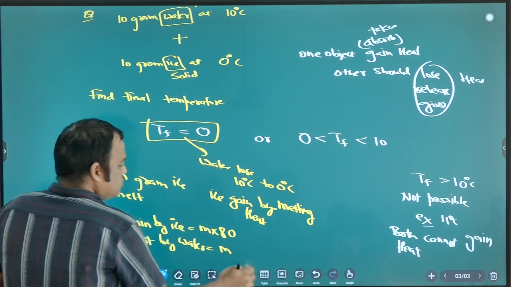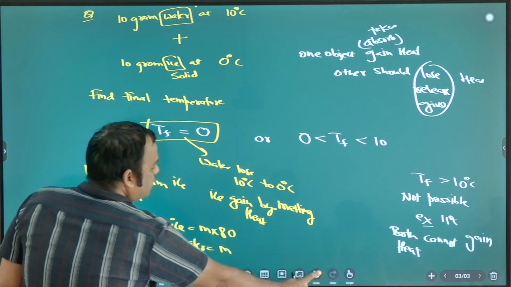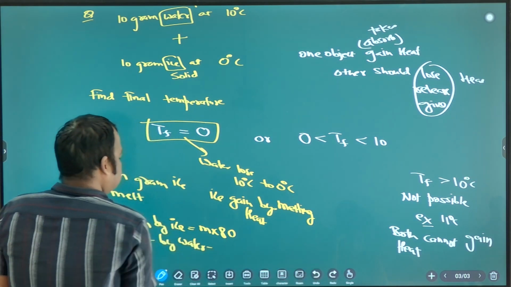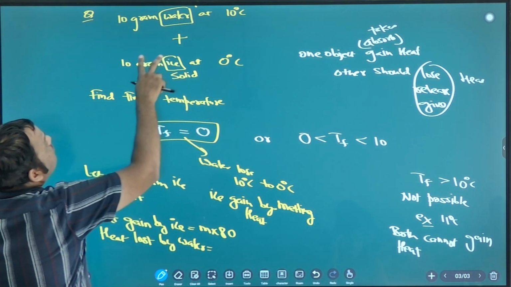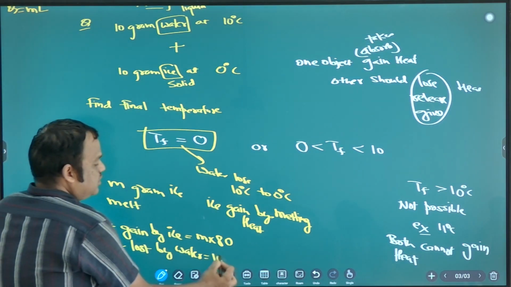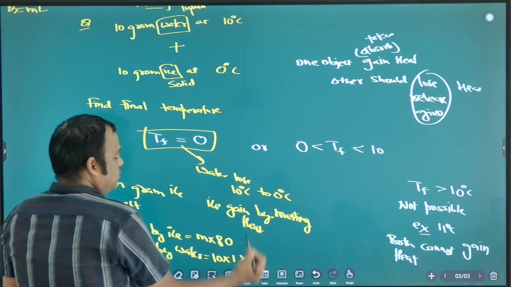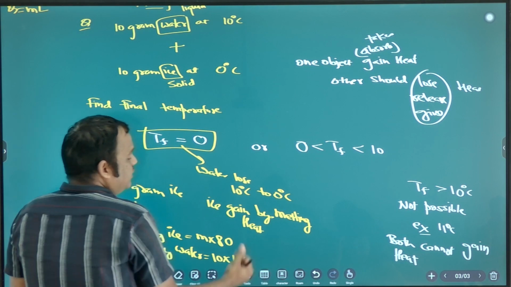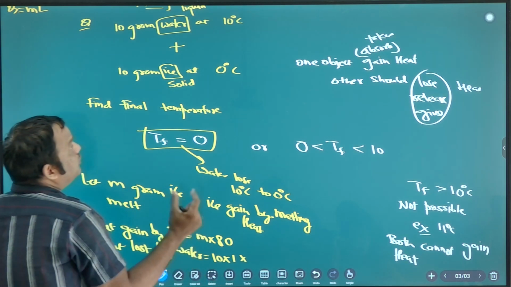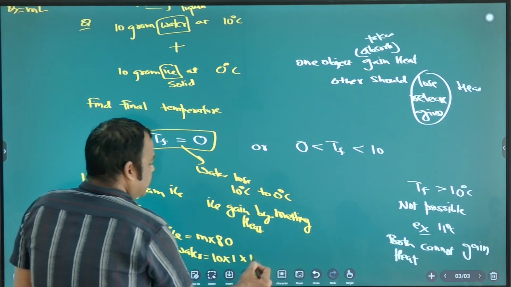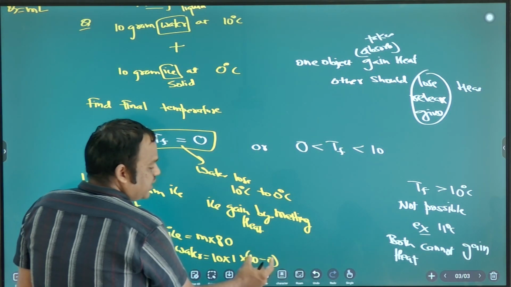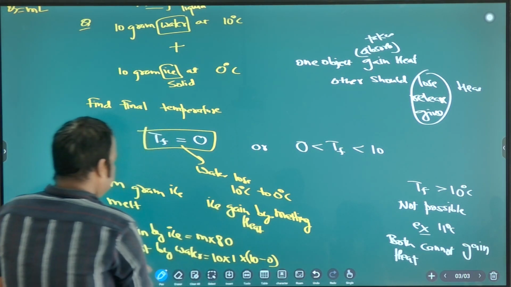So mass is given. For water, what is the mass? 10 gram. Specific heat of water 1. And what is the delta T? Magnitude 10, very good. 10 minus 0. Magnitude, greater minus smaller.